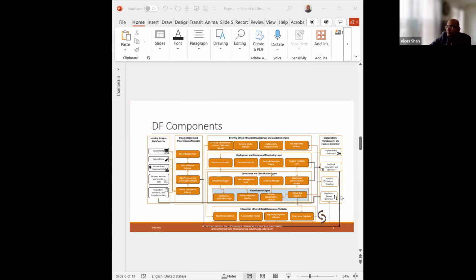The good part of this is we have automated that feedback into the data, right? So this feedback actually goes into our data collection and pre-processing manager. So we have identified those dimensions already. The catch is that the fairness metrics and visualizer is still underway. What we can see is how many, let's say, gender-based or racial-based applications are being approved.